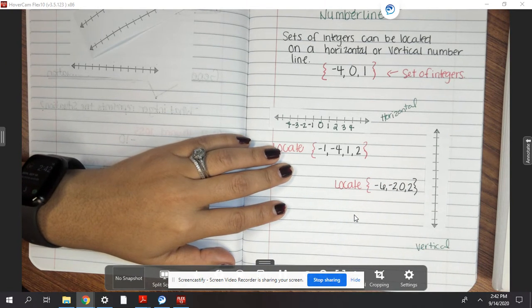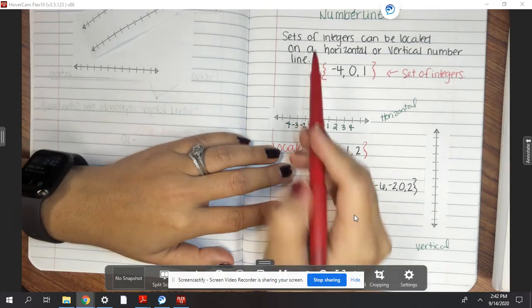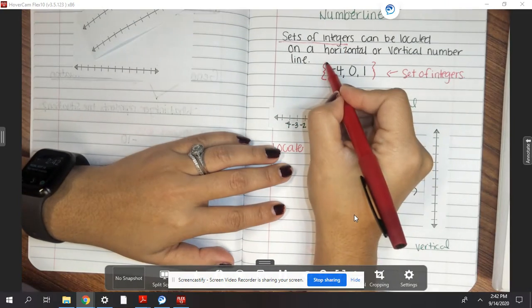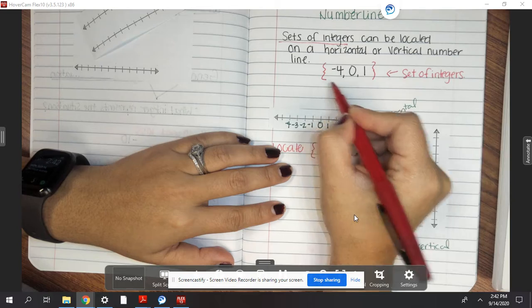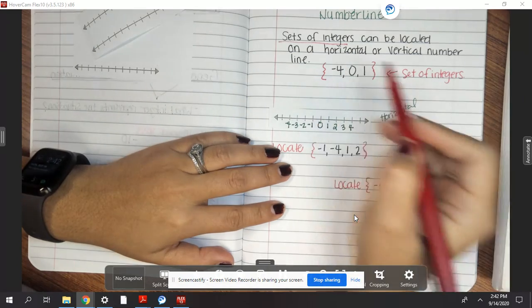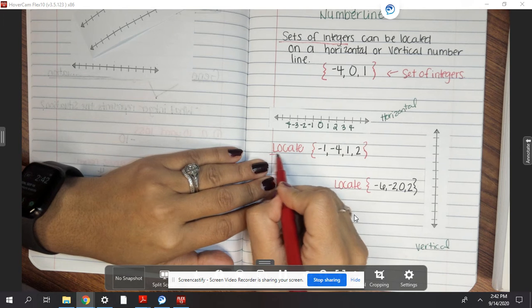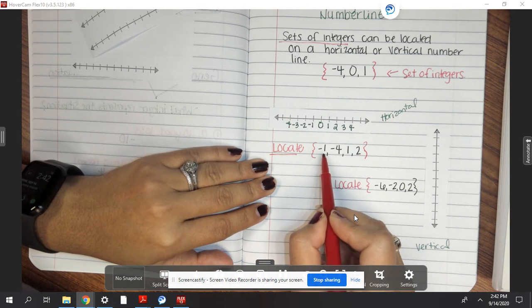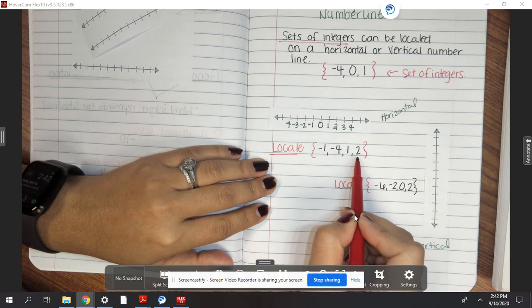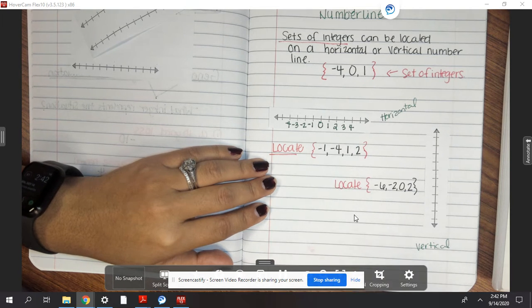These brackets right here represent that I'm going to locate a set of integers. So in here I'm going to locate -1, -4, 1, and 2. I'm going to locate those on a number line.